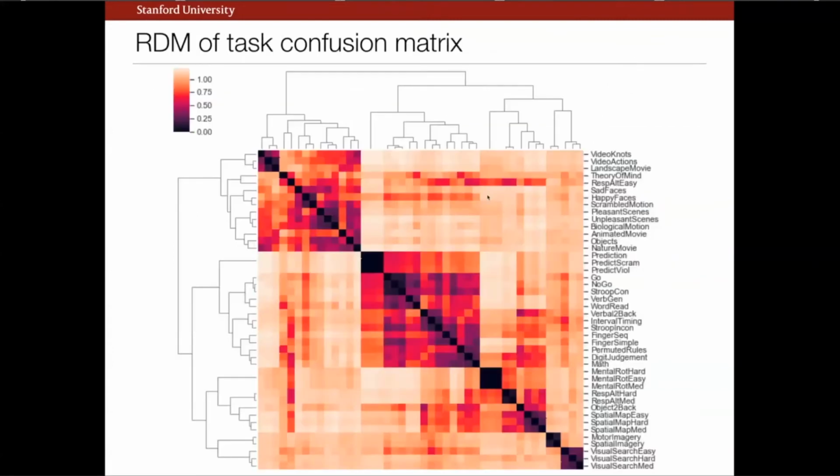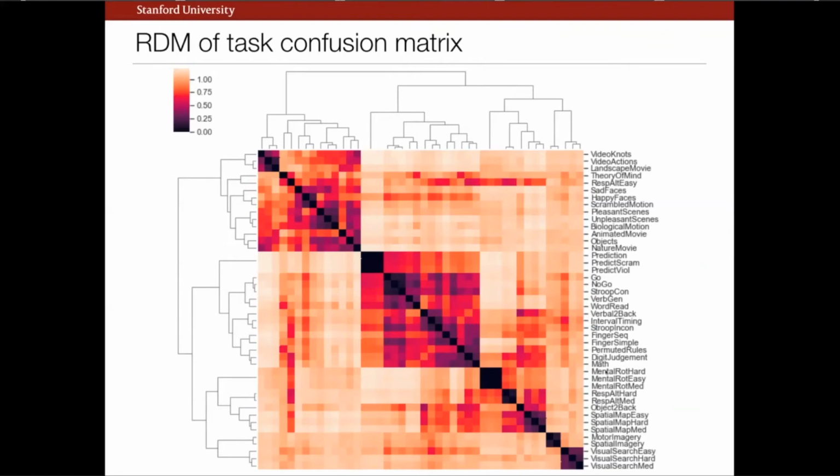So what we can then do is ask, what is the confusion matrix like? In this case, looking at the correlations, the representational dissimilarity matrix of the task confusion matrix. So basically saying which tasks are different from which other tasks, and comfortingly, you see that a lot of the structure here has to do with different conditions on the same task being classified together.